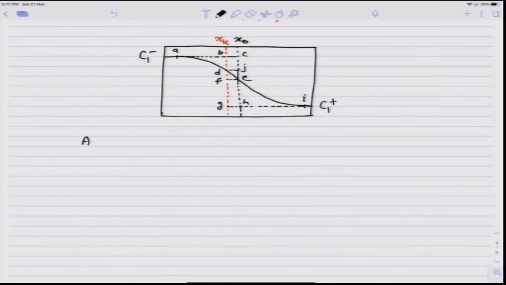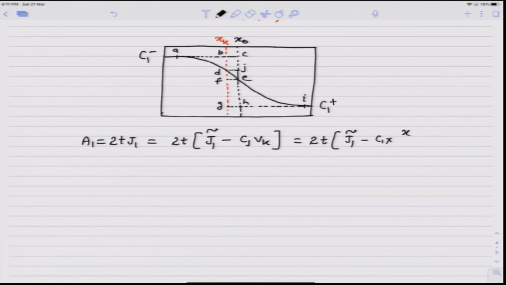We know A1 is equal to 2t J1, which should be equal to 2t times J1 tilde minus C1 times Vk, and Vk was nothing but xk minus x0 over 2t.